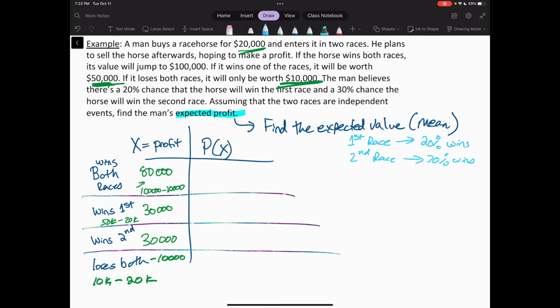And I know this is going way back, but remember the multiplication rule? Because the events are independent, if I need to win both races, I need to win the first race and the second race. So how do I figure out that probability of A and B? I multiply those together. So the probability that he wins both races will be 0.20 times 30%, which I believe ends up being 0.06.